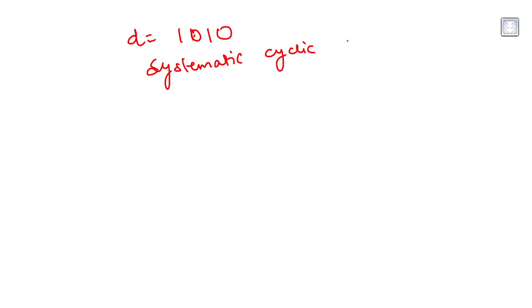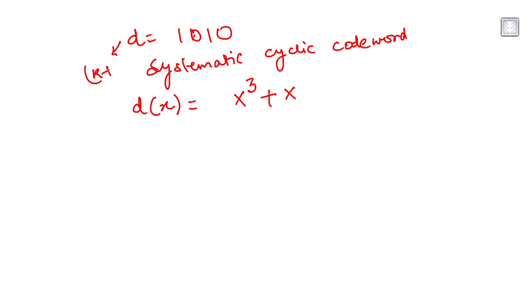The data polynomial d of x will be x cube plus x. Remember, the order will be k minus 1, that is 4 minus 1, 3. Now I have to shift it by n minus k, that is 7 minus 4. This is a (7,4) code word. So 7 minus 4, that is 3, into x cube plus x.